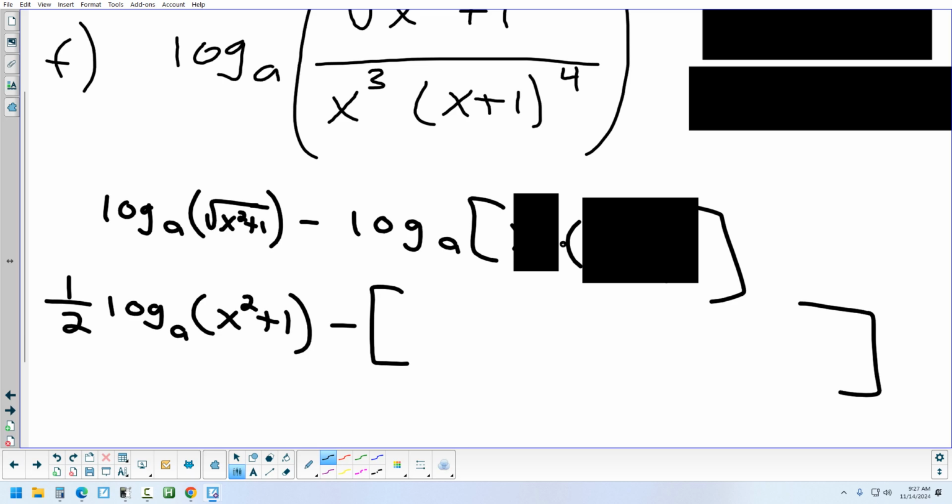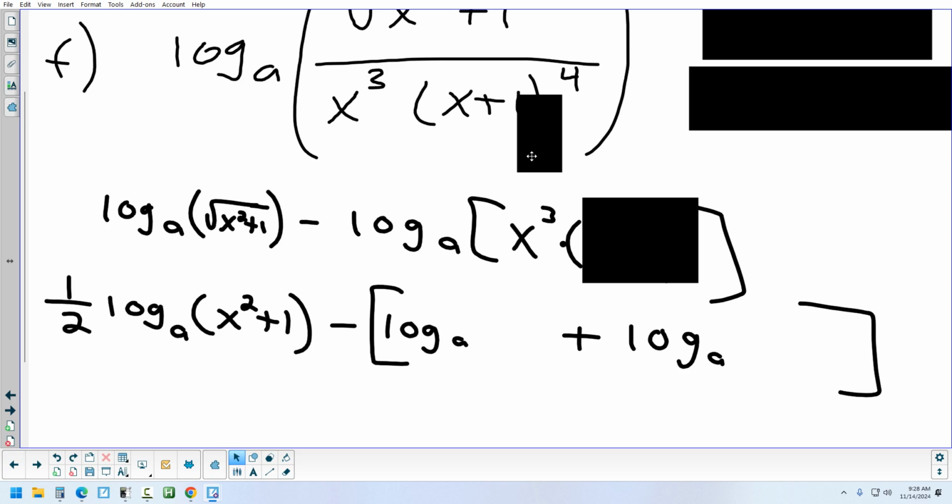How does the log of a product split apart? It's log A plus log A of something. Right. When we split that apart, it's going to split apart into a sum of two things. Log base A, log base A.